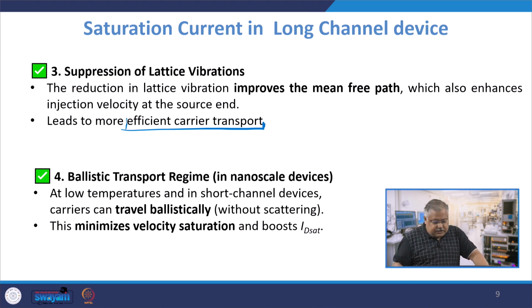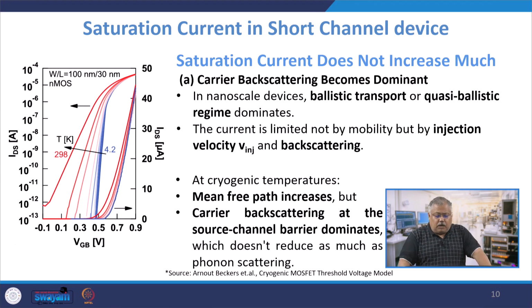I had already discussed with you the ballistic transport phenomena in nanoscale devices, which goes without scattering, and this boosts the saturation current. This we have also studied. I will just quickly go through it: in nanoscale devices there is also a problem of what is known as backscattering.